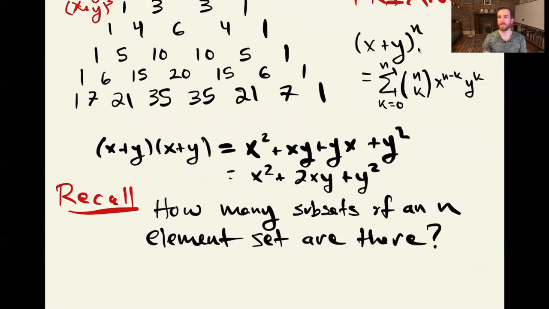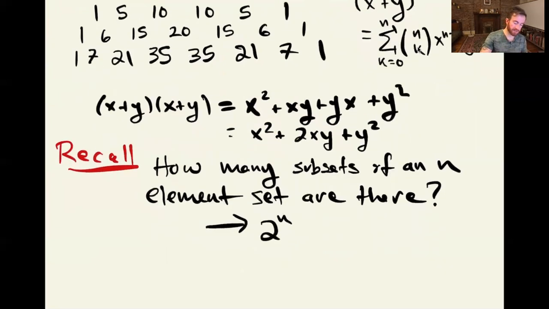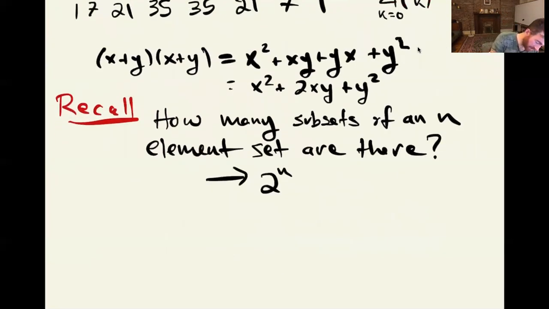Think for just a few seconds, hopefully you remember that the answer is 2 to the n. Now, let me show you where this number comes up and how it's connected to the choose formula that we introduced last lecture. So obviously 2 to the n is the same thing as 1 plus 1 to the n.